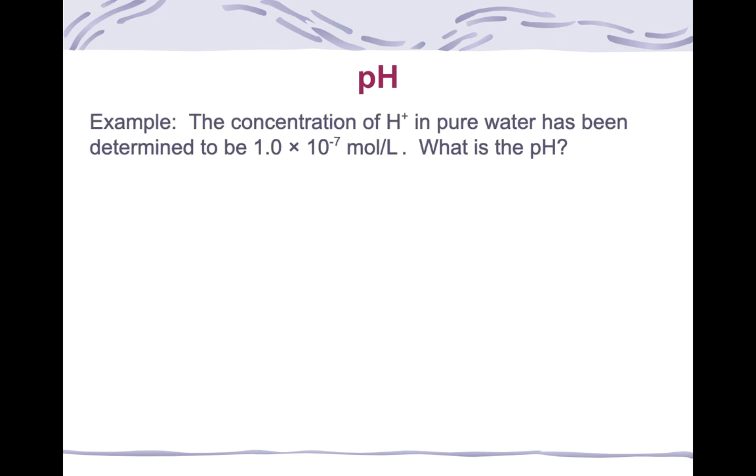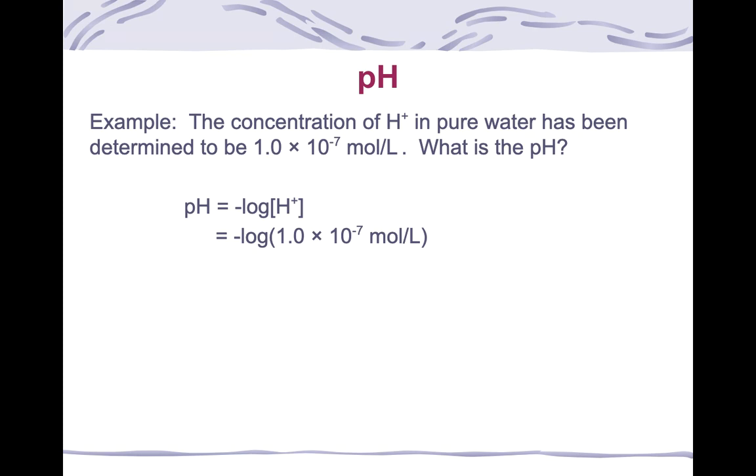So if we look at some examples, the concentration of hydrogen ions in pure water has been determined to be 1.0 times 10 to the negative 7 moles per liter. So what is the pH? pH equals negative log of the hydrogen ion concentration. So negative log of 1.0 times 10 to the negative 7 moles per liter.